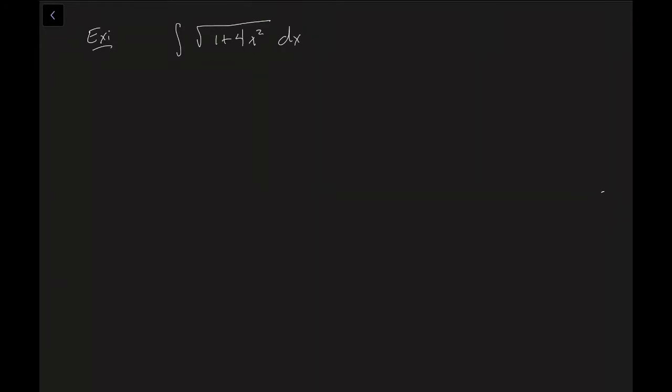We'll see through examples why we do this, so let's look at an example. So we have 1 plus 4x squared. So this is of the form a squared plus u squared. And what we can do is we can let u equal the tangent of theta. So what is u in this case? 4x squared is our u squared, so u in this case is going to be 2x.